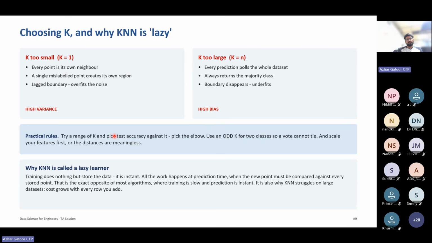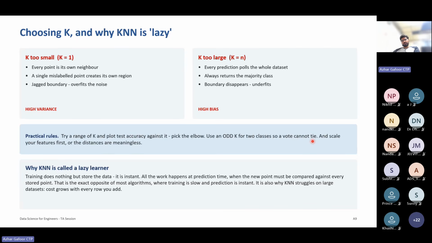That is also not useful. So the practical rule is to try a range of K, then plot test accuracy against it, and pick the elbow. We'll see what the elbow means. Then we use an odd number of K for two classes, so a vote tie cannot occur.